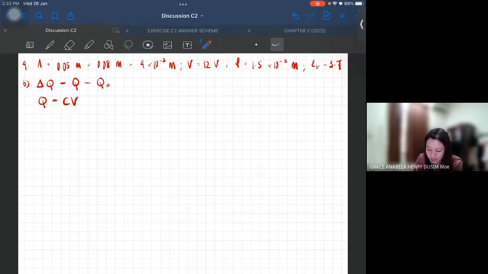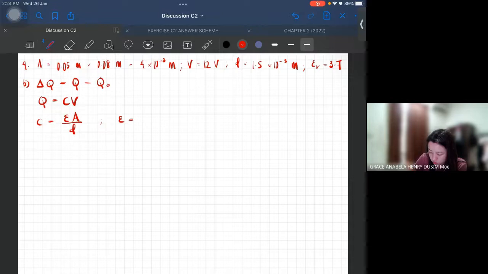We need the value of C, because now we only have the voltage. C can be calculated using the equation epsilon A over D. Again, we do not have the value of epsilon, so we have to use the dielectric constant. The relationship between those two is this equation here, so we substitute into this equation.